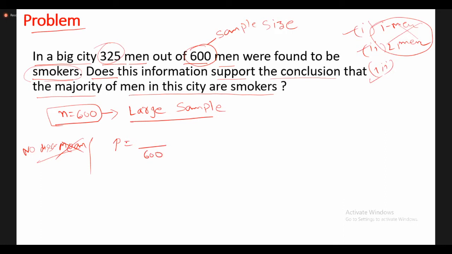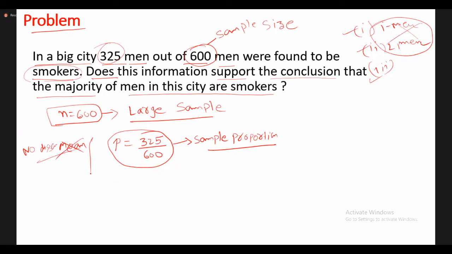Smokers, 325. This is the sample proportion. Is this point clear?